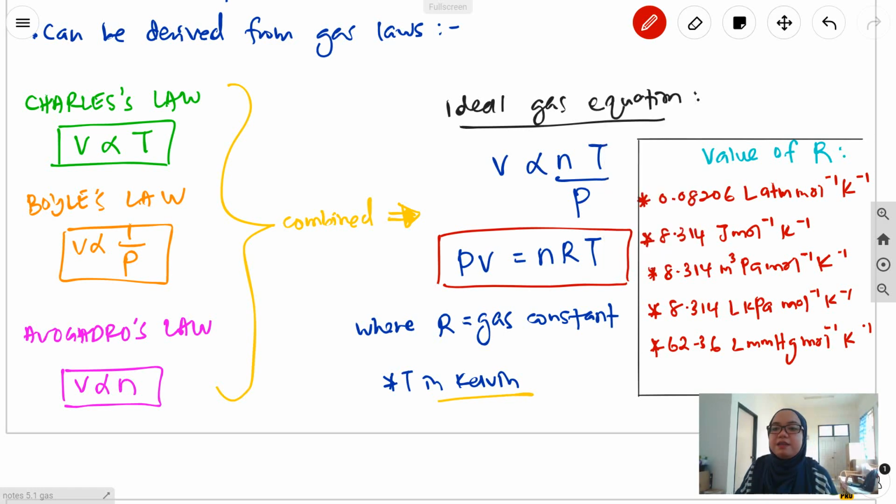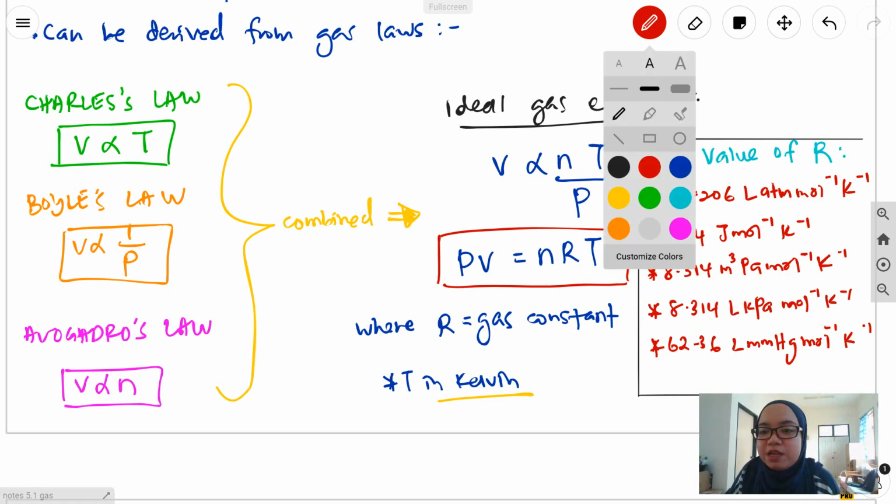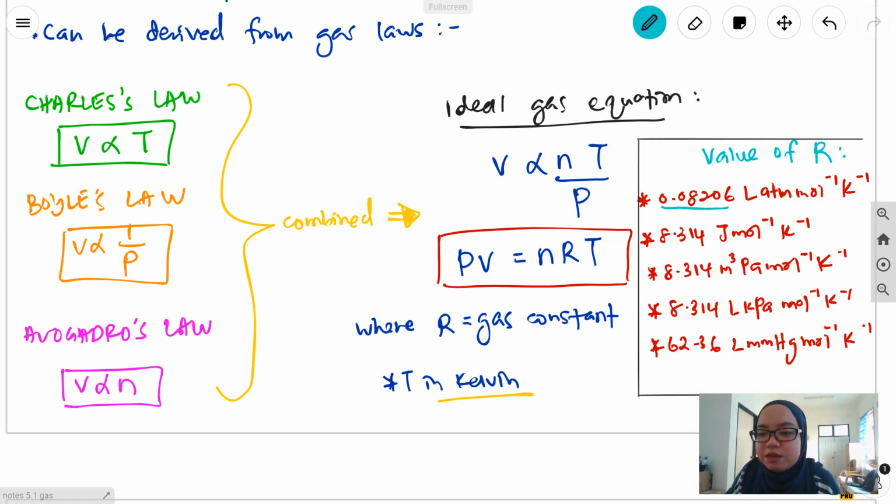There are a few values of R that you need to pay attention to. First, there is 0.08206. This is the most common one that we use, either this one or this one or this one. We usually use all three, in short.